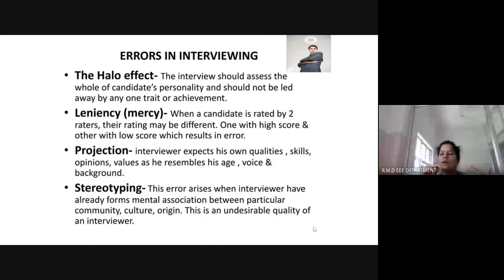Next comes projection. Suppose a person is interviewing another person, there will be an expectation since they belong to the same culture, etc.